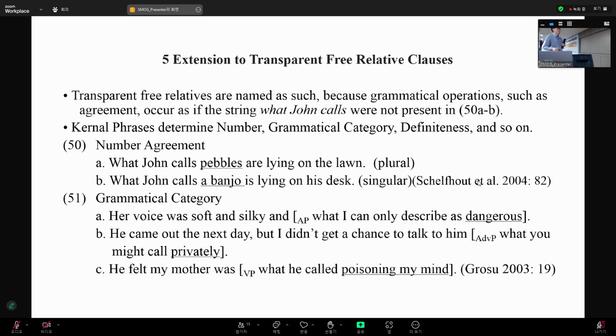What you might call privately, here privately is the clausal phrase, and this clausal phrase determines the grammatical category of what you might call privately. This clause, he felt my mother was blah blah blah. This is a VP, so this determines the grammatical category of this clause.